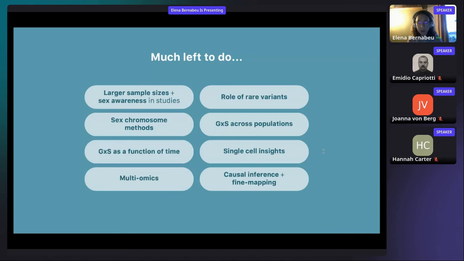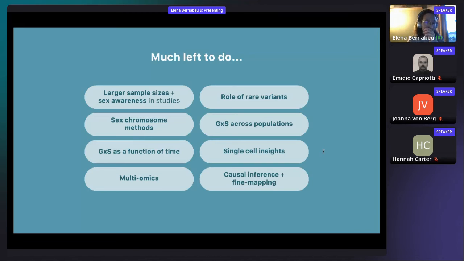We're also looking at a very narrow point in our life because UK Biobank participants are usually older individuals. This means that we are truly only focusing on gene by sex in the older population, so only postmenopausal women as well as older males, and we know that hormones are likely leading to some of these interactions.